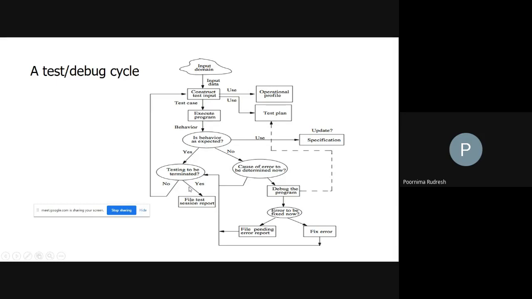When the testing process is terminated, the tester prepares a report consisting of information about what type of test has been done and on which program the testing was done. Everything related to the program execution and the type of program is prepared in the form of a file. This is called the test debug cycle, and it is very important.